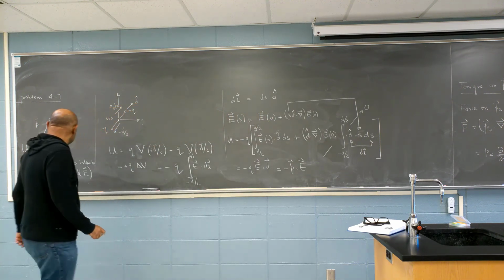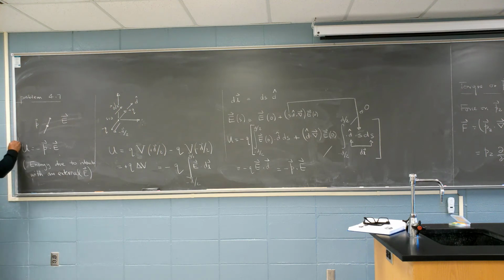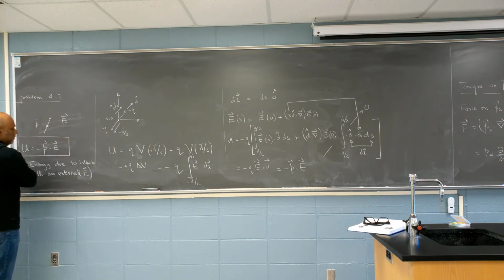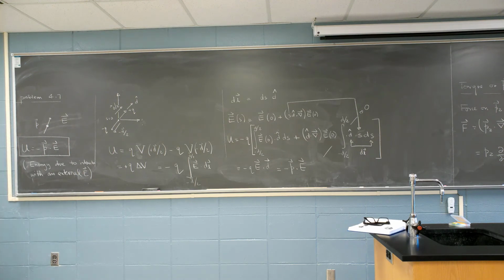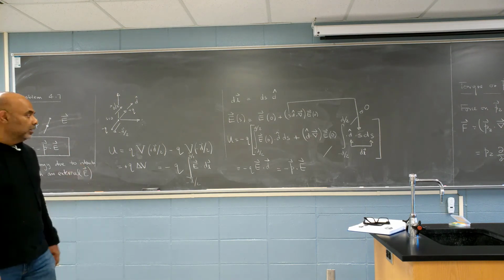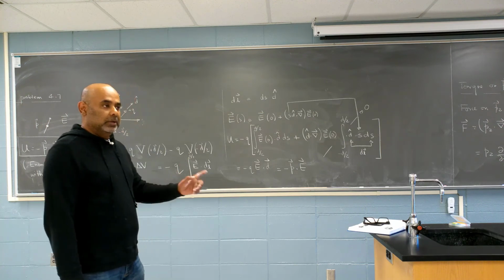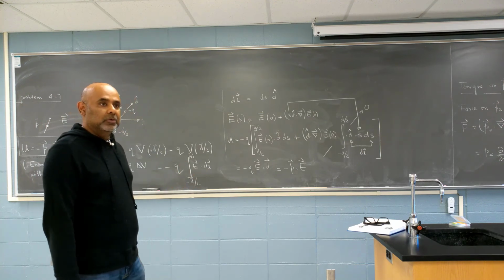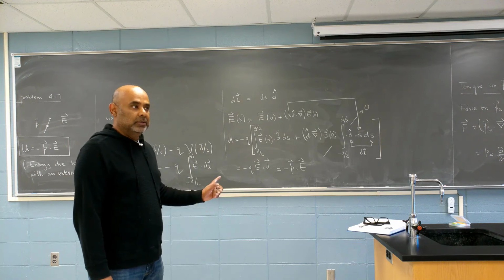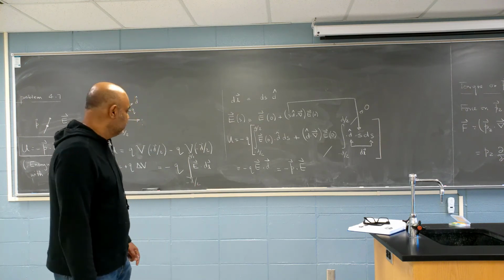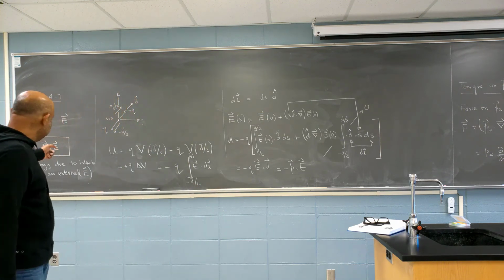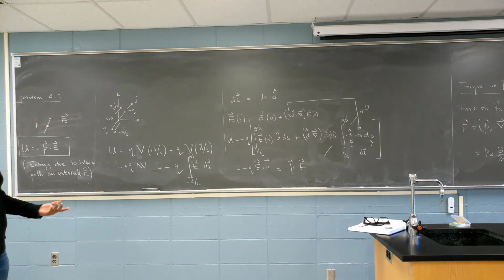So this result is often used in quantum mechanics. We won't particularly use it, I don't think, for the rest of the semester. But next year, when your quantum instructor tells you that's the interaction energy of a dipole, you'll recall back.